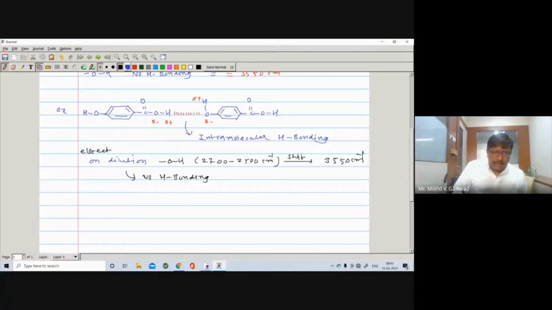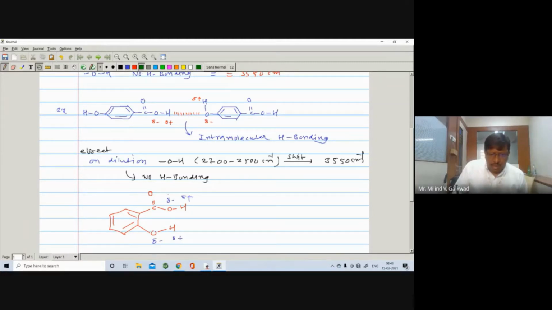Again, suppose you take another example, the same hydroxy benzoic acid, but here the COH group, C double bond O, and here is the H, and here is O, and here is the H. In this case, here is partial negative, partial positive, again partial negative, partial positive.